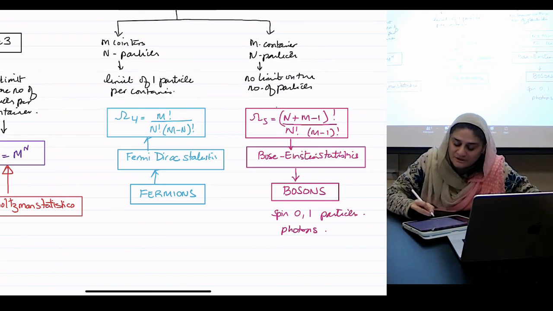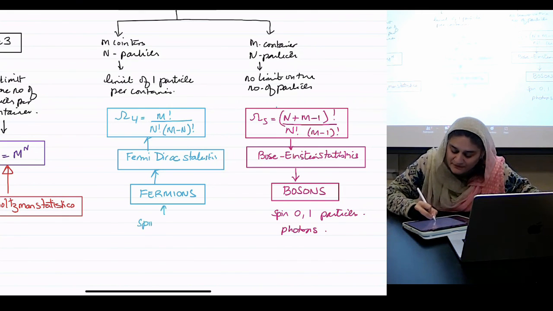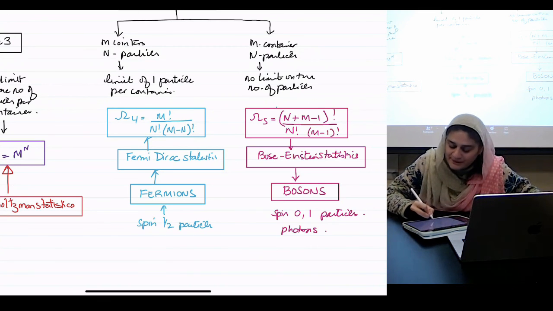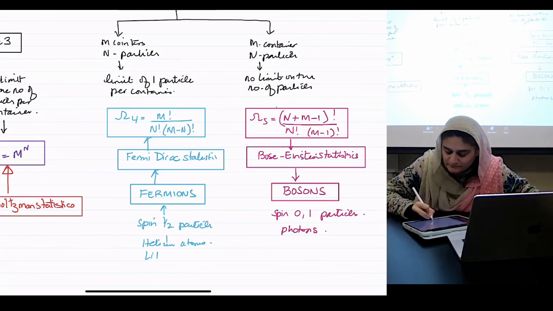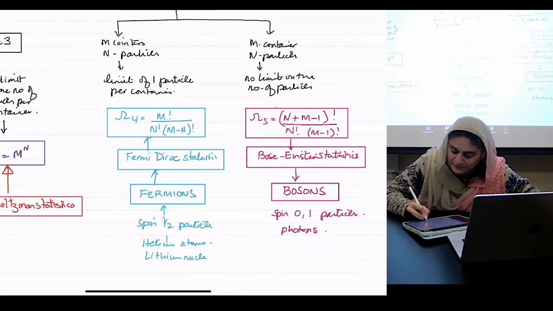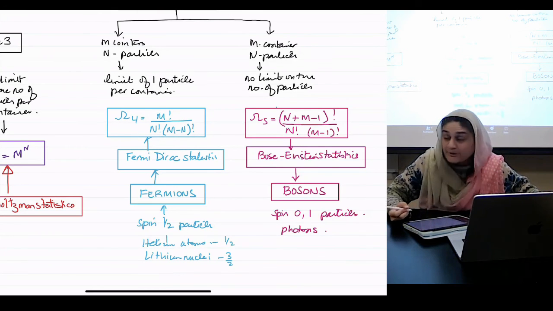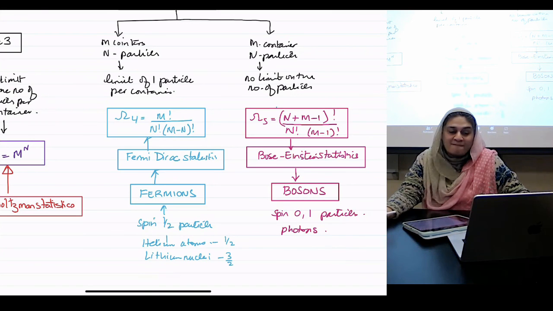Whereas fermions are spin half particles, for example, helium atoms, lithium nuclei. And these are spin 3/2. This is spin half particles. So the next time you hear the word fermions and bosons, know that it's not complicated.